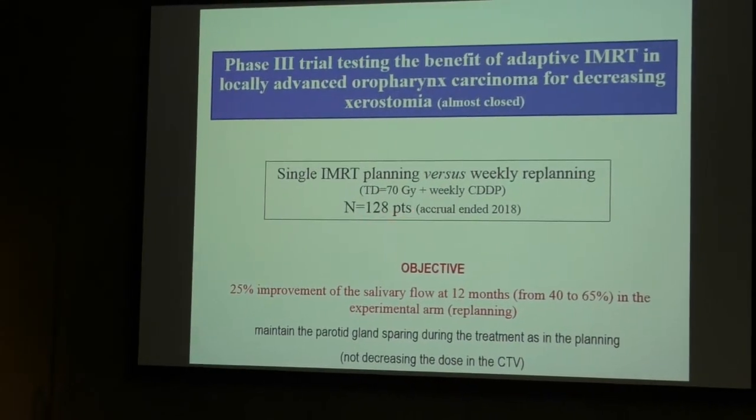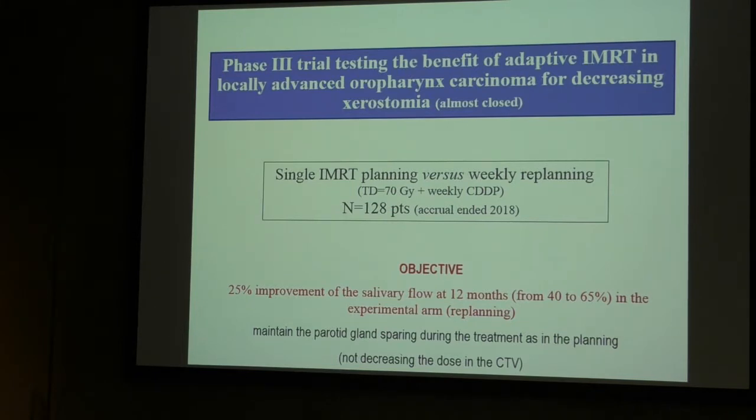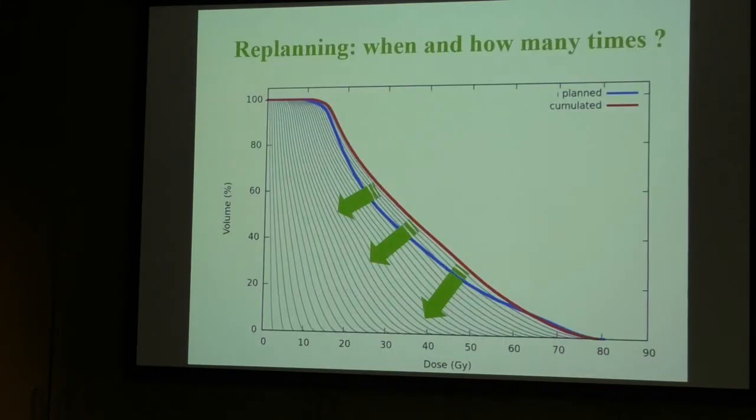And this randomized trial has been ended. The IGRT has been ended a few months ago, and I am in charge of this trial. We do the analysis, just really to demonstrate the interest of a weekly replan.